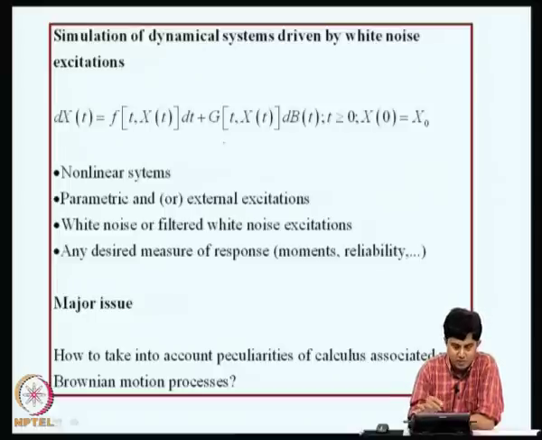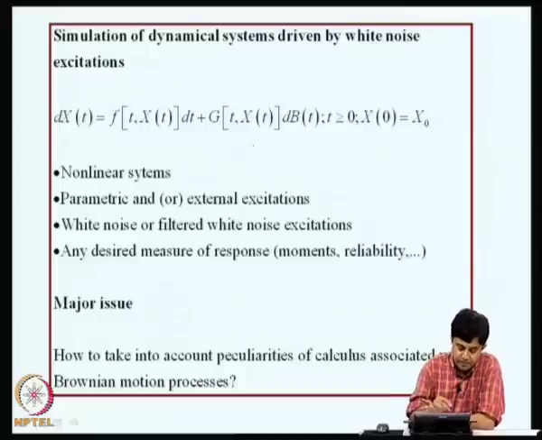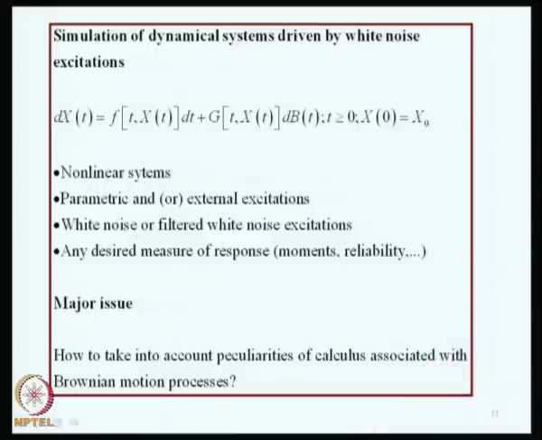The range of problems that are represented through this equation is quite wide. The system could be nonlinear, the excitations could be parametric or external, and these excitations could be straightaway white noise processes or they could be filtered white noise excitations.